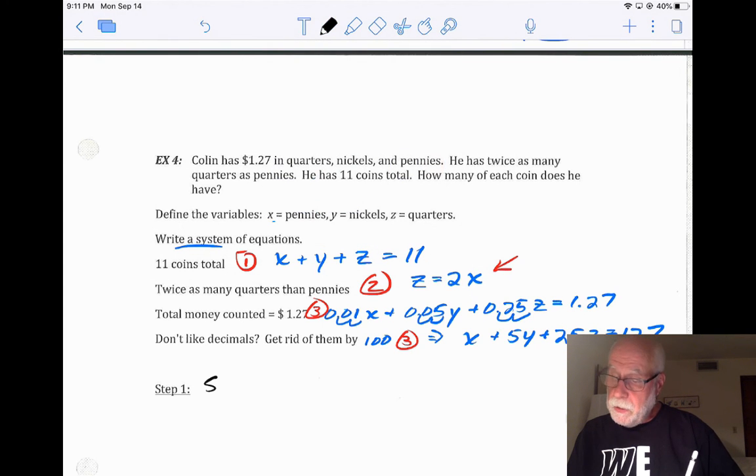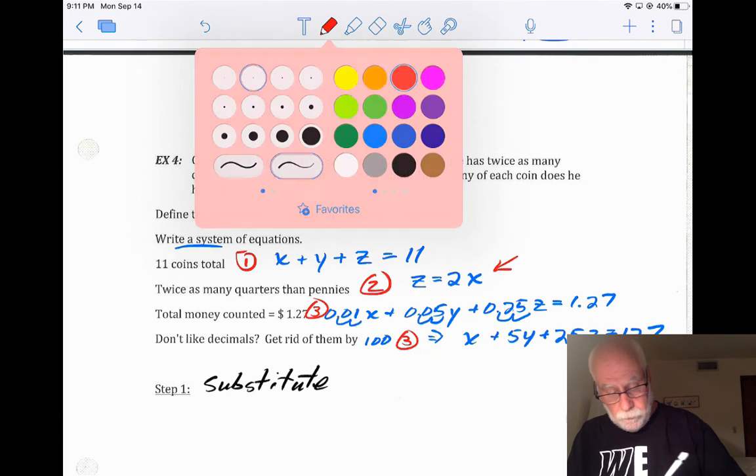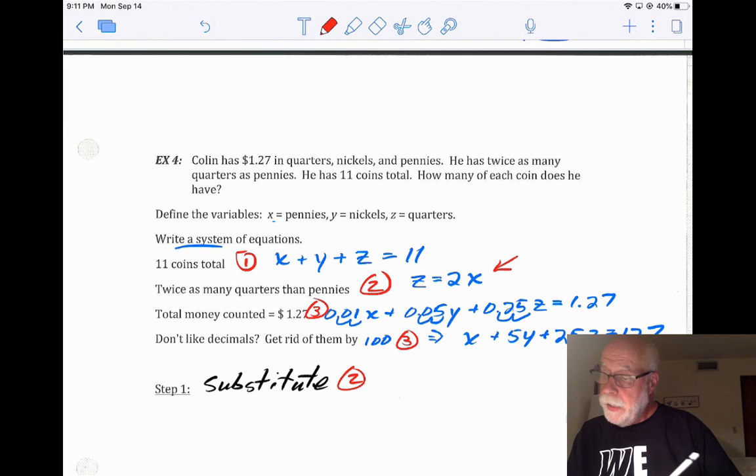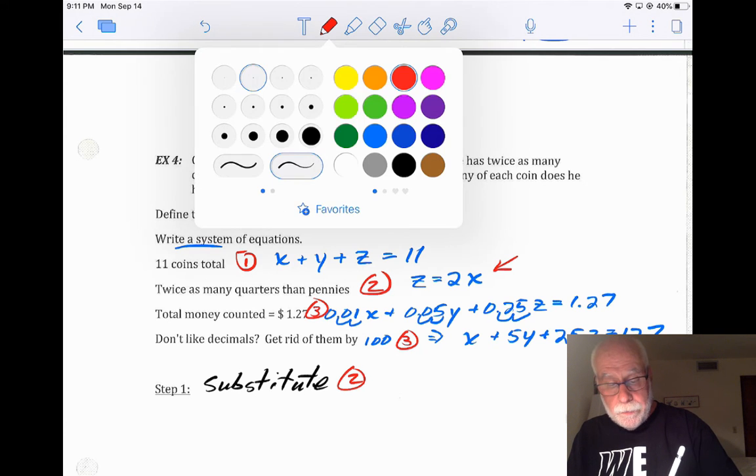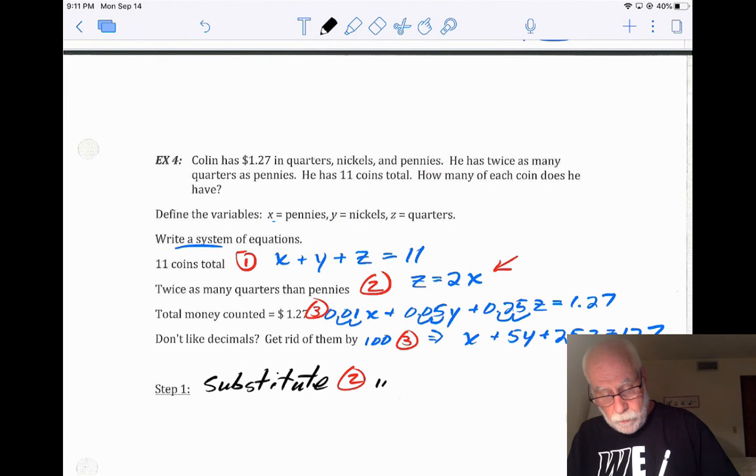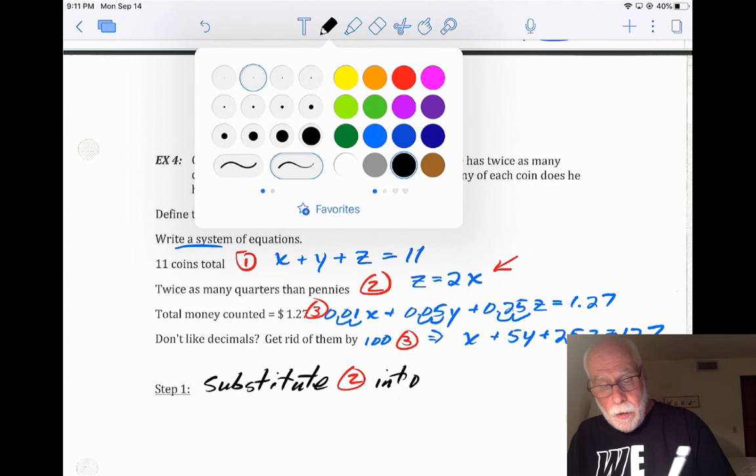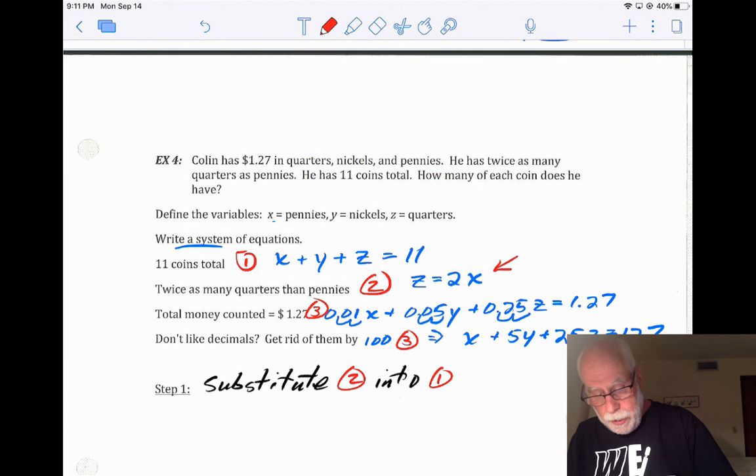So we're going to substitute 2 into 1 and 3.